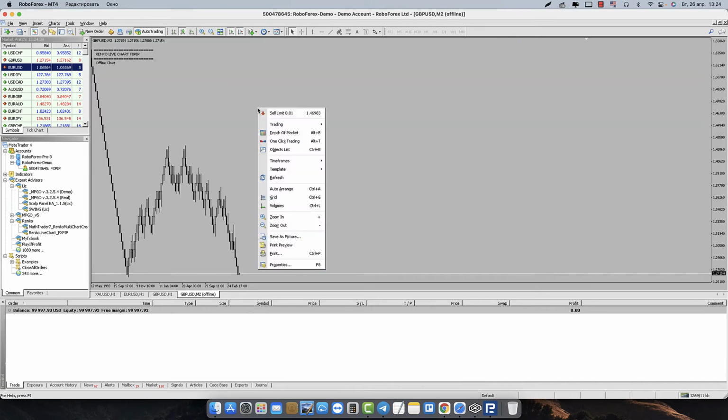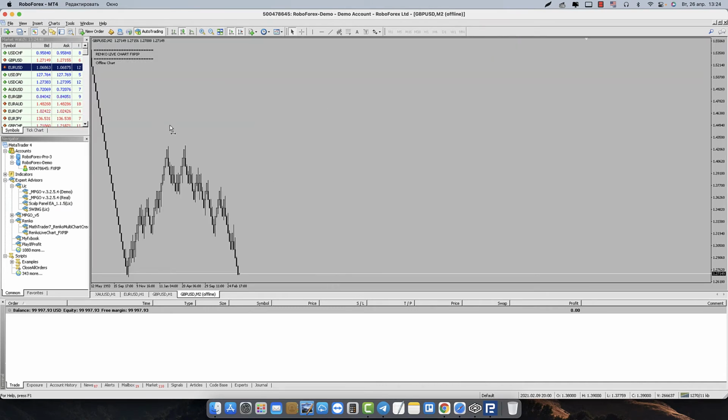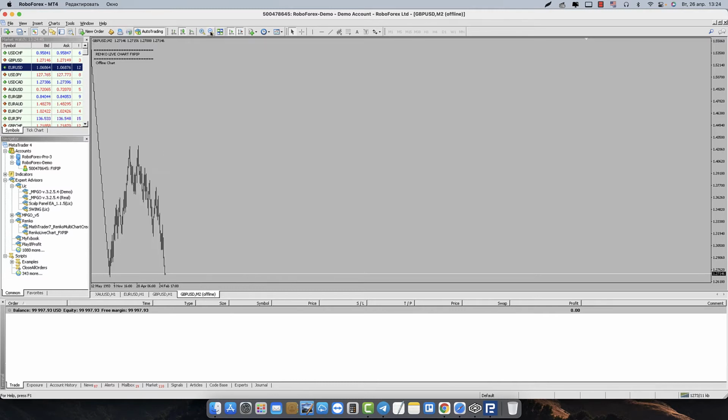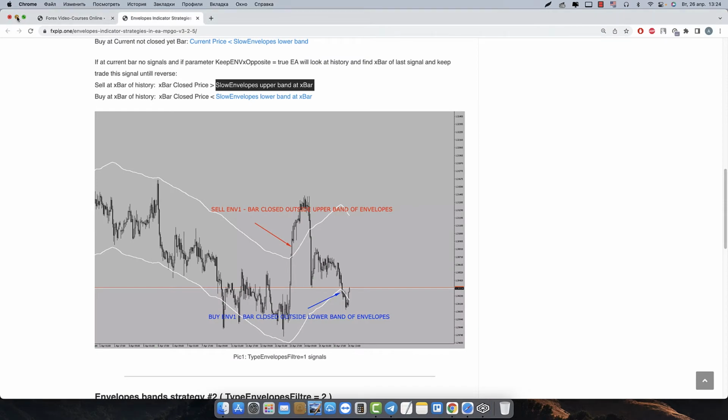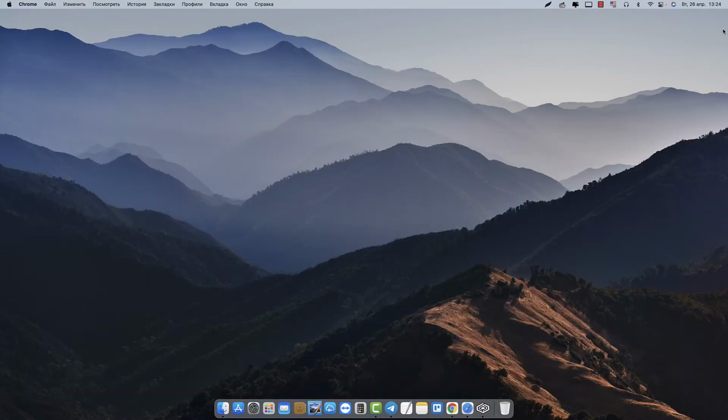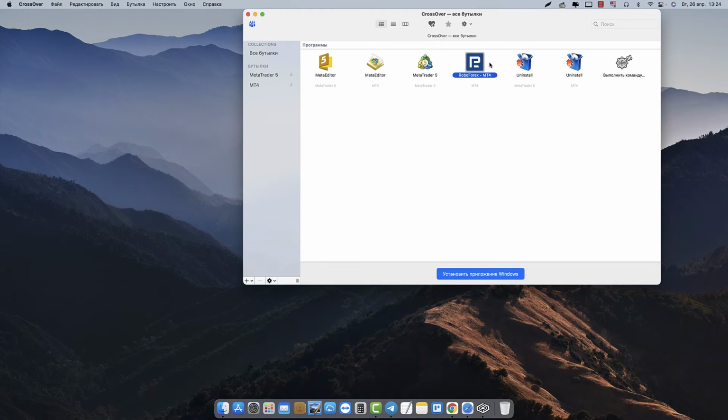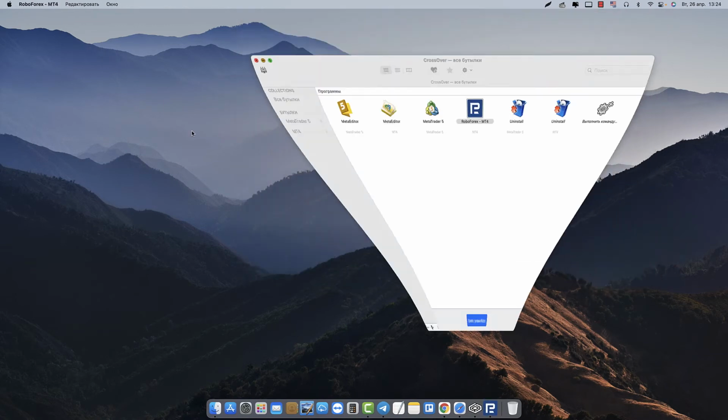At every chart we must attach this. I think we have to reboot because we downloaded history, but we did not reboot MT4 to take effect.